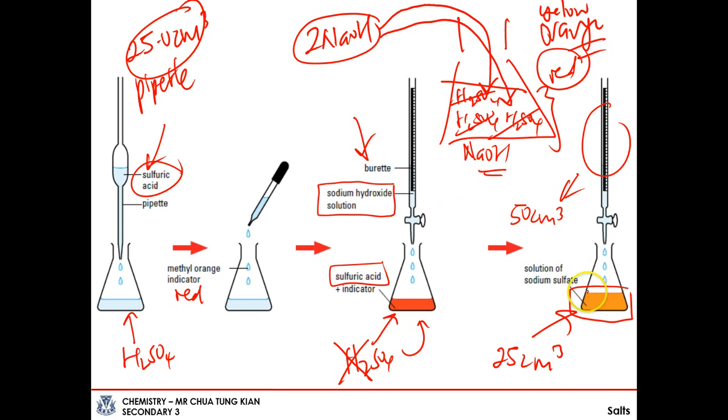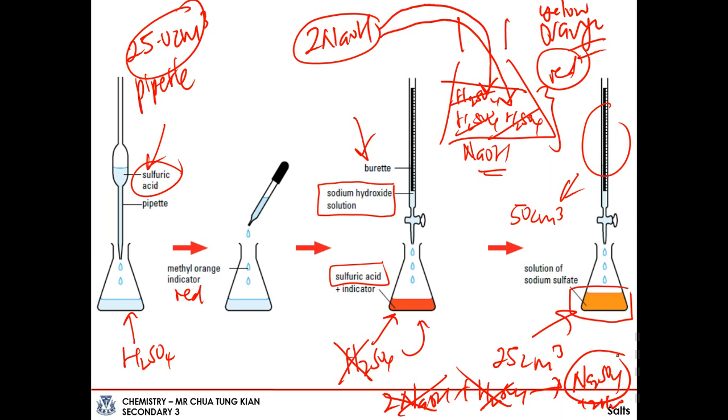So I can simply prepare 25 cm cube here, and I add in 50 cm cube from the burette, and voila, NaOH plus H2SO4, giving my salt and water. I will know that all my NaOH will react with all my acid, and at the end of the day, I will only have my Na2SO4 plus water left.